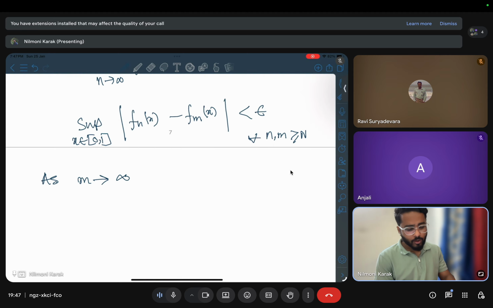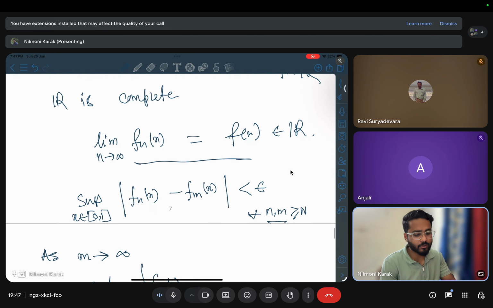Now just take m tending to infinity, then for every n. Also one thing is whatever you take, n or m, this converges to f(x).